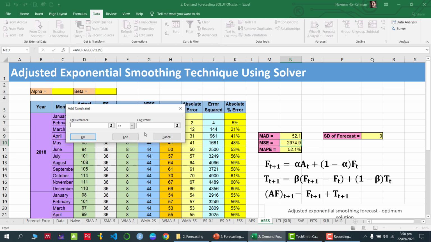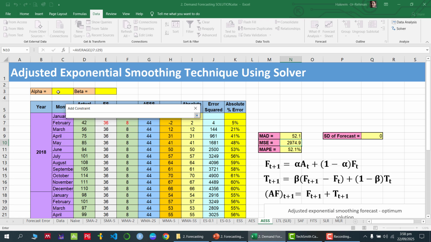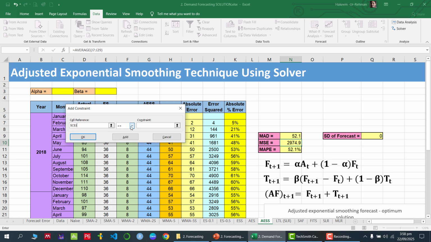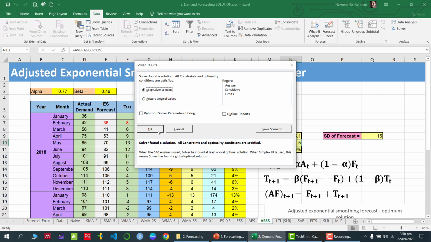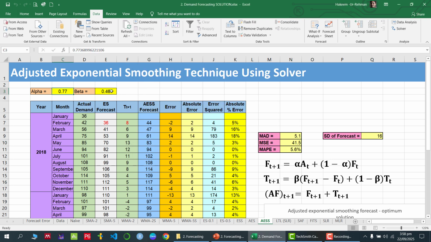And we are going to set the constraint that this alpha should be less than or equal to 1. The second constraint is that this beta should be less than or equal to 1. So we have these two constraints. Once again, make unconstrained variables non-negative, and from the method choose nonlinear and solve it. So we would be able to get the optimum alpha as well as the optimum beta where the mean square error is minimum.